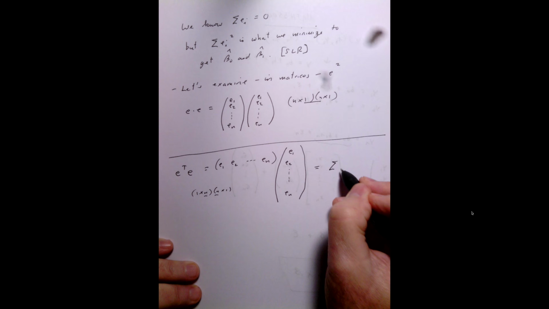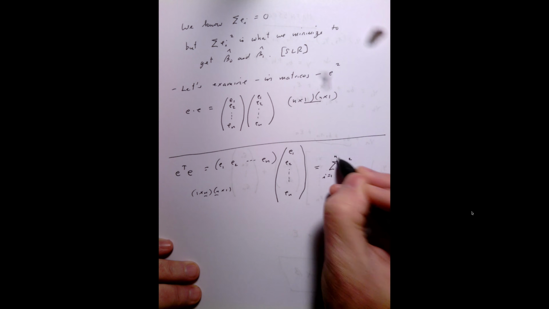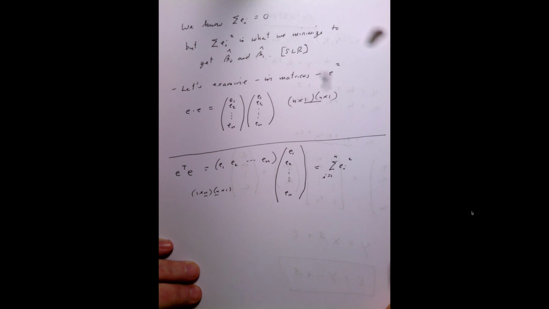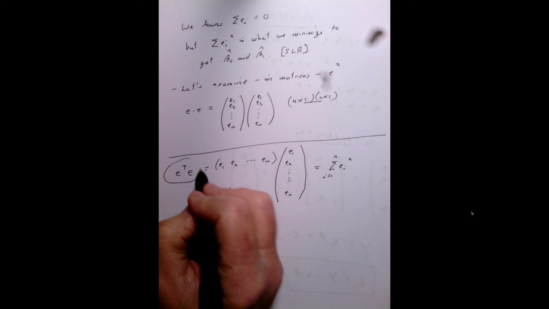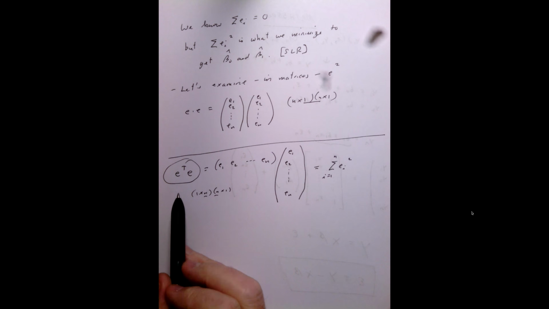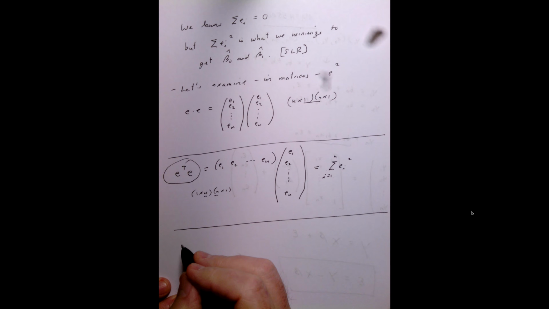So what we get is the sum of our errors squared from i equal 1 to n, right? So again, when we're thinking about minimizing the sum of the errors squared, our focus has to be on E transpose times E.